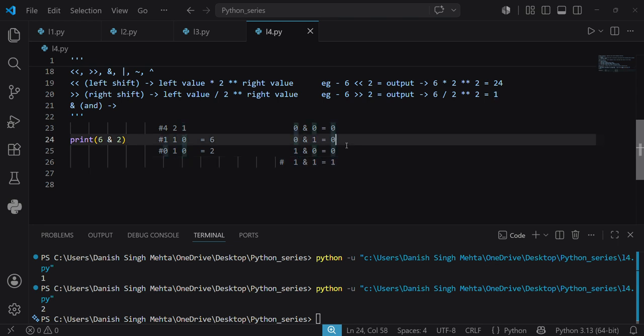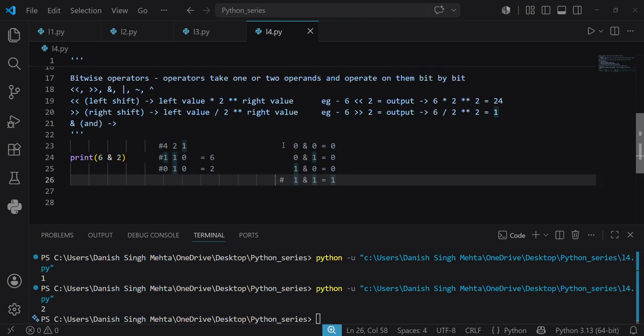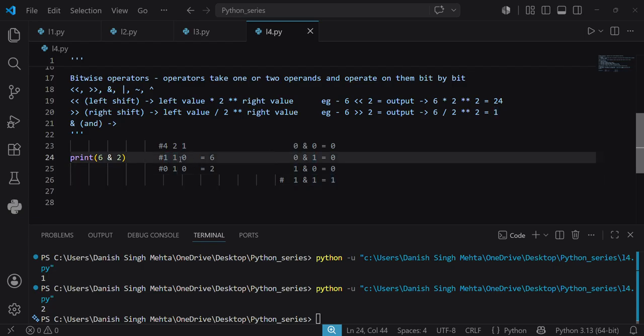So this is how the AND operator works. Right here also we will compare these two values first, then the middle ones, then the last ones.